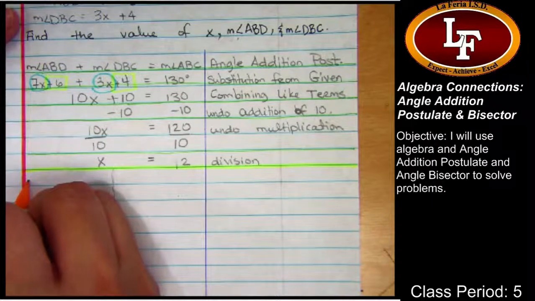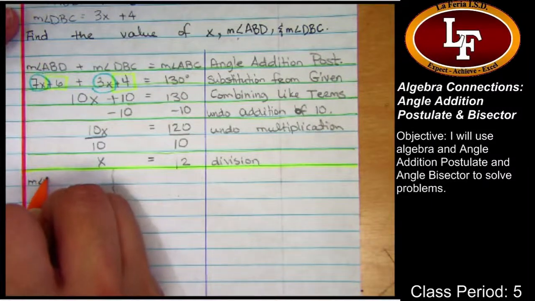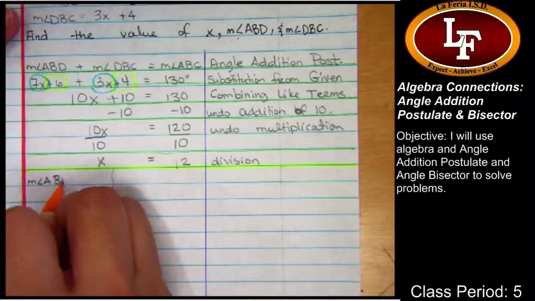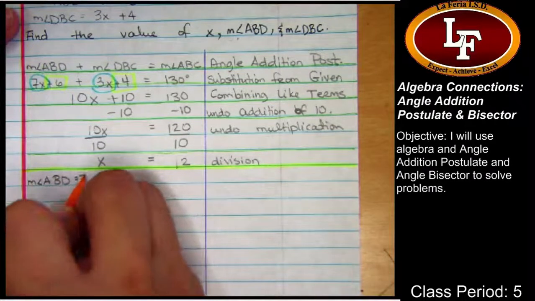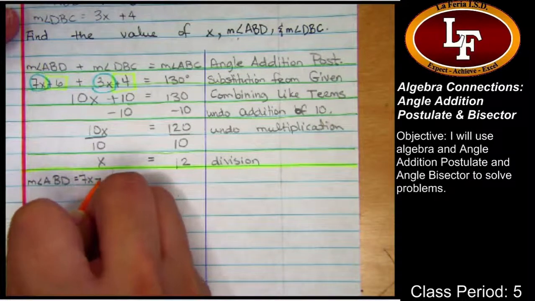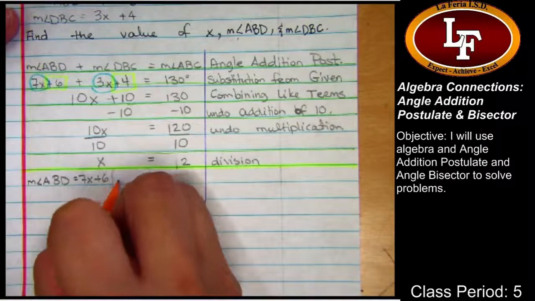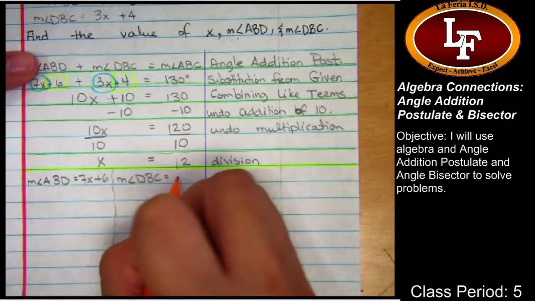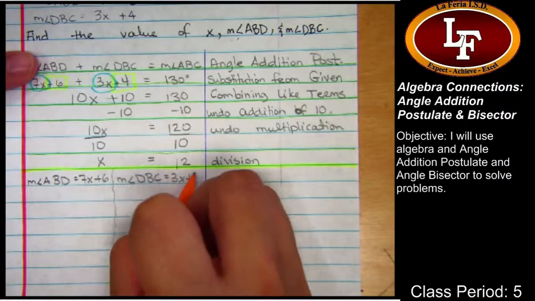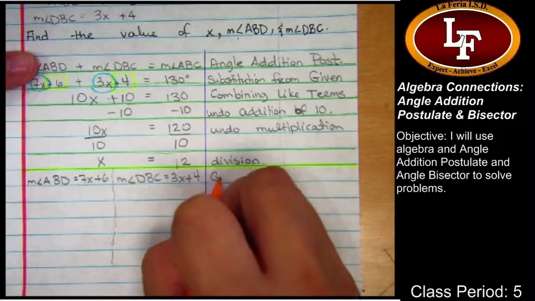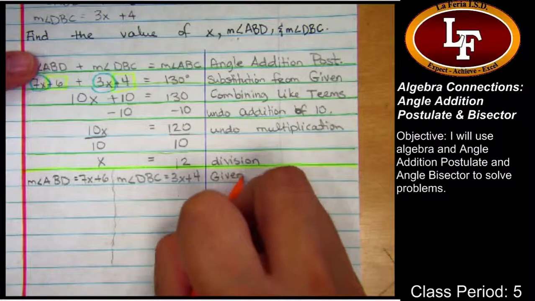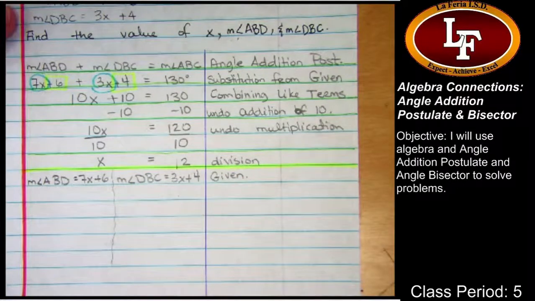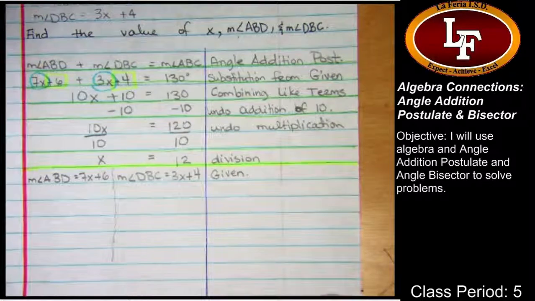So I'm going to start with the measure of angle ABD, which I was given as 7x plus 6, and the measure of angle DBC, which was given to me as 3x plus 4, and I said those were given to me, so my rationale is going to be it was given.